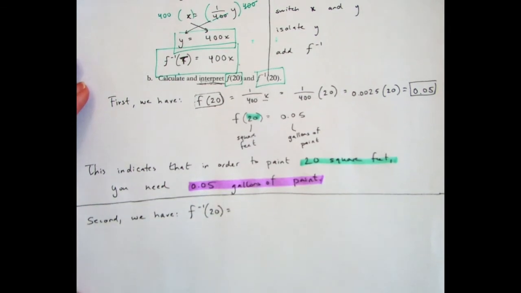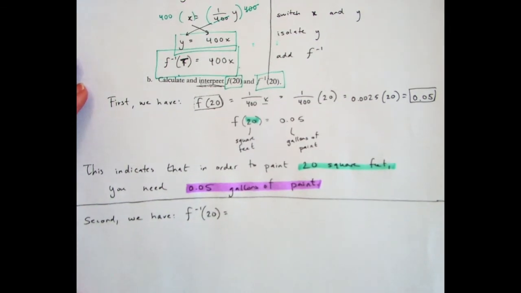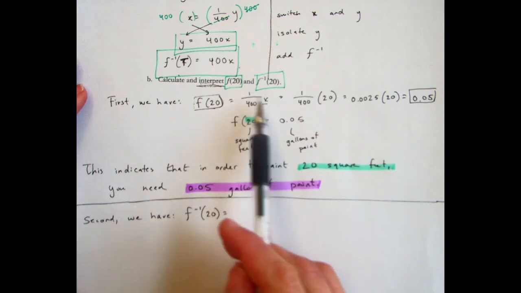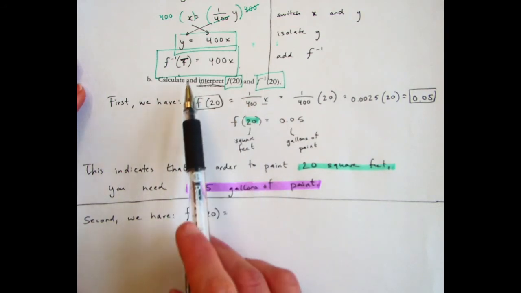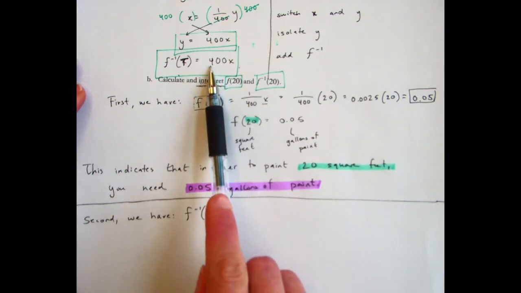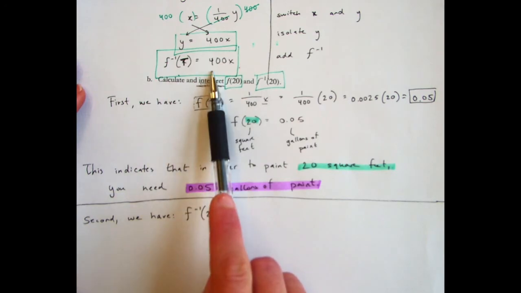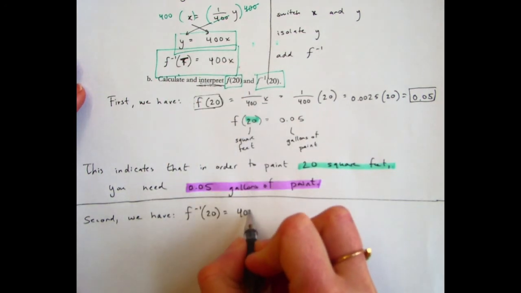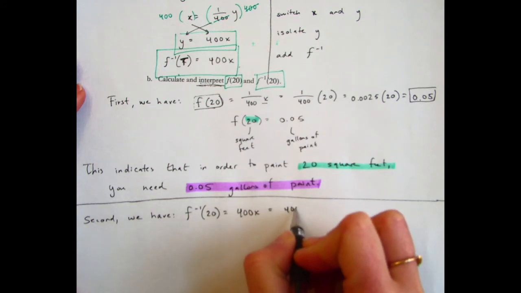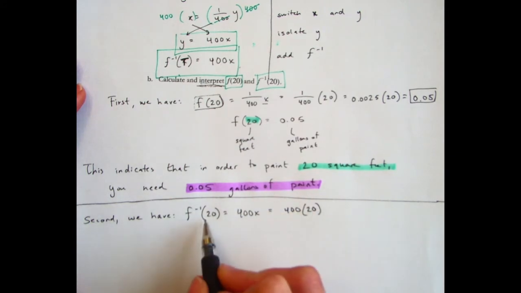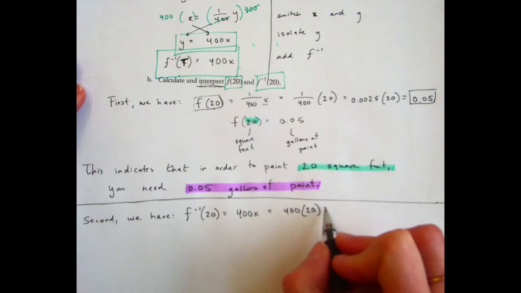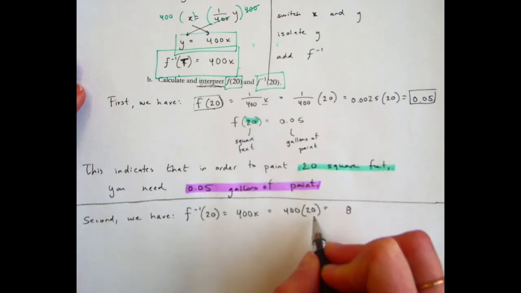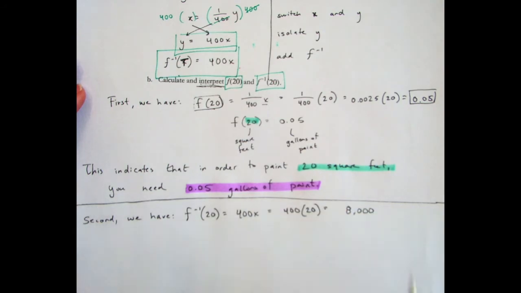And for this one, let me think about which equation to use. I'm not going to use my original equation. I'm actually going to use the inverse equation that I found, which is right here. I found it in part A. 400x, 400 times 20, plugging in 20 for x, and I'm going to get 8,000.